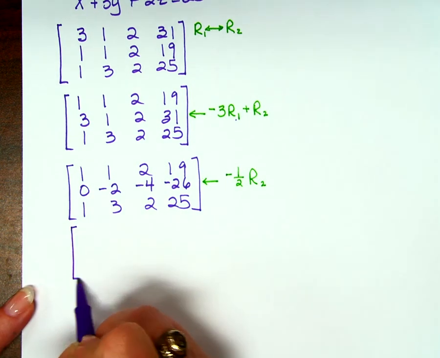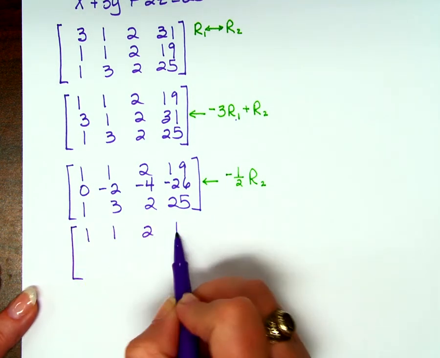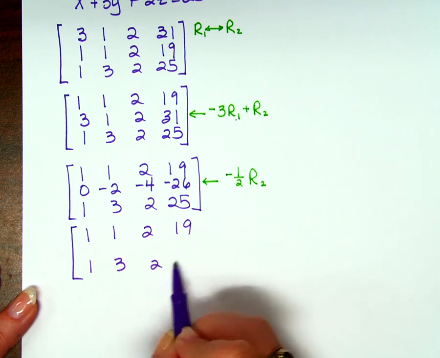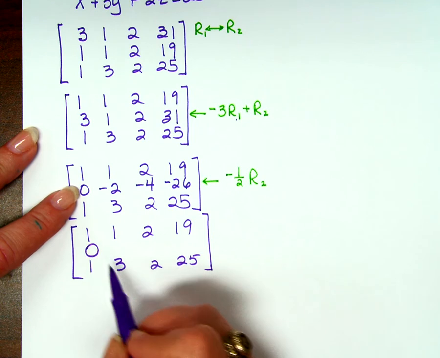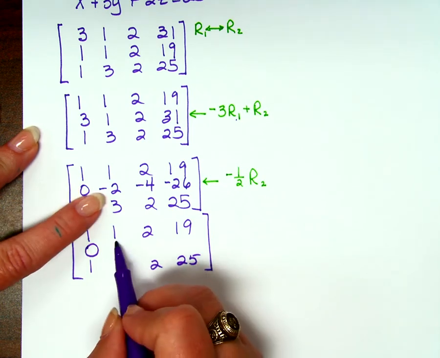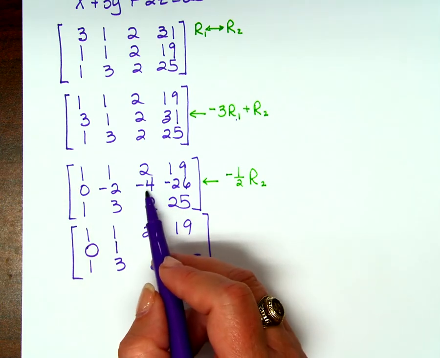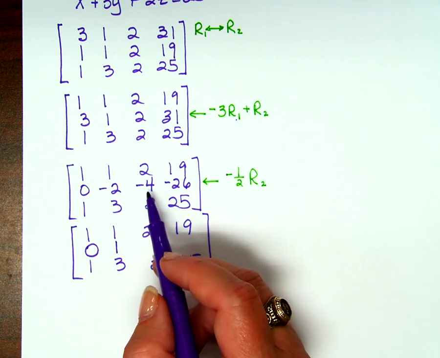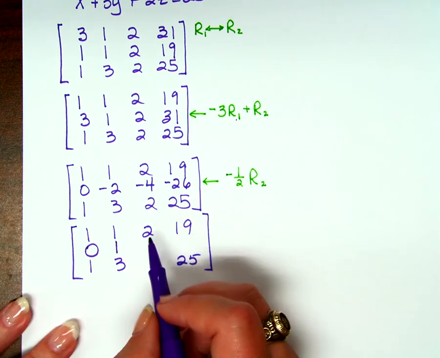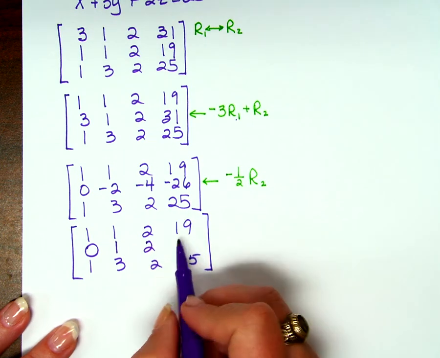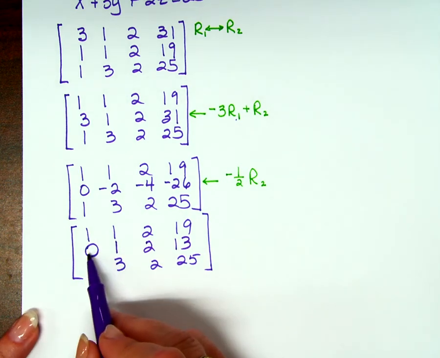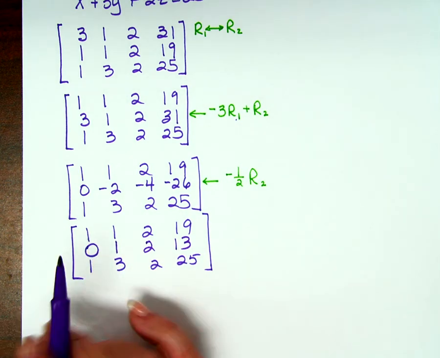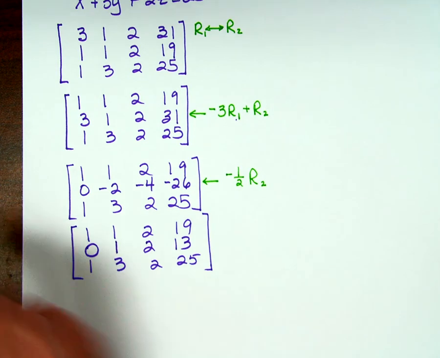Okay. 1, 1, 2, 19, and 1, 3, 2, 25. If I multiply row 2 by negative 1/2, what do I get? 0, 1, divided by negative 2. Remember, that's all we're doing. Multiplying by negative 1/2 and dividing by negative 2 are the same, right? So it's negative 4 divided by negative 2. And negative 26 divided by negative 2. How close are we getting? Right, right, right. I still have these 3 to fix, right? Okay. Any guesses on how you want to go about fixing that?